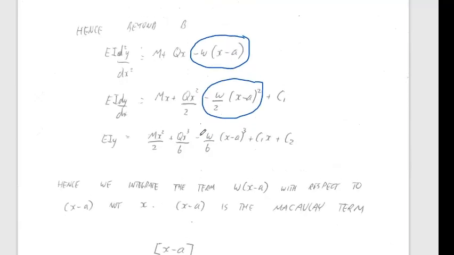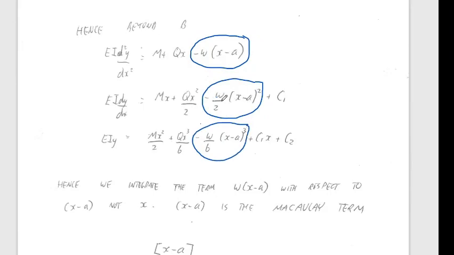To get to our next term, for the vertical deflection, we can integrate it again with respect to x. So MX becomes MX squared over 2. QX squared over 2 becomes QX cubed over 6. And then this term, the Macaulay's term, look what's happened to it. We've integrated it again with respect to the Macaulay's term.